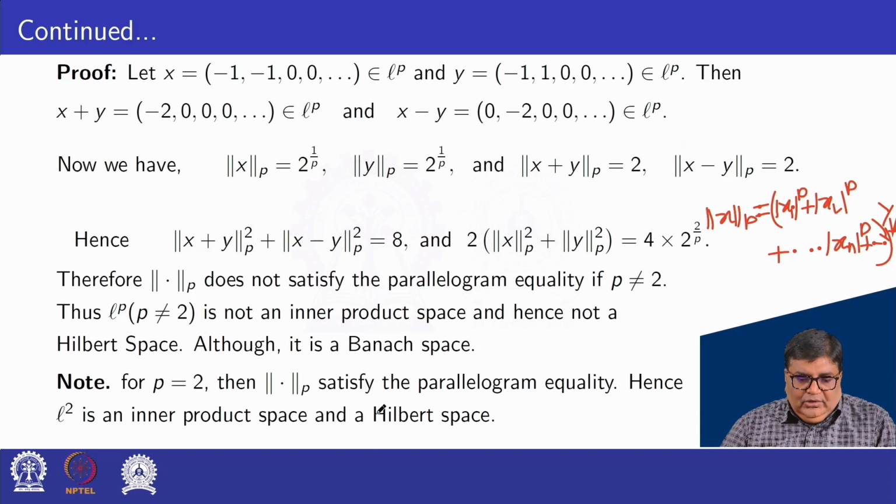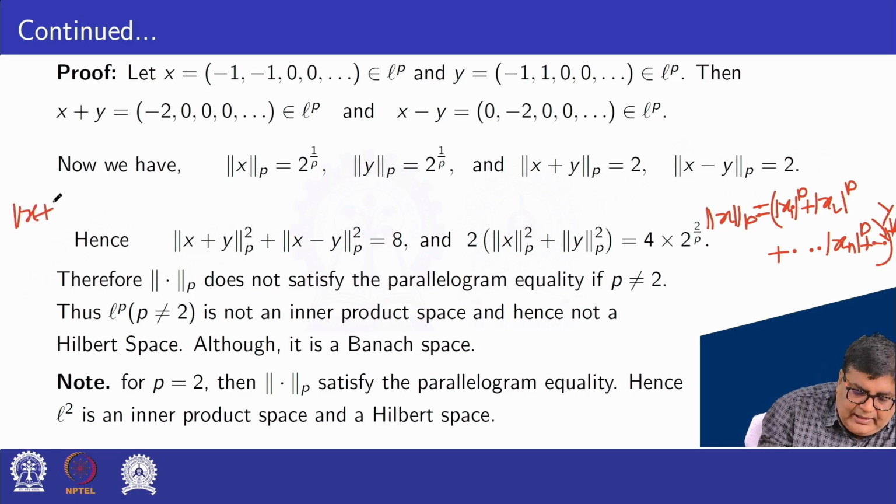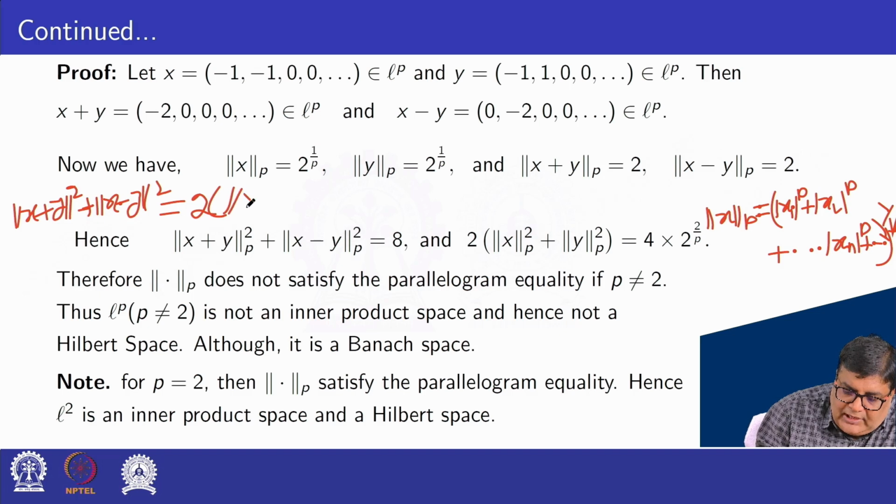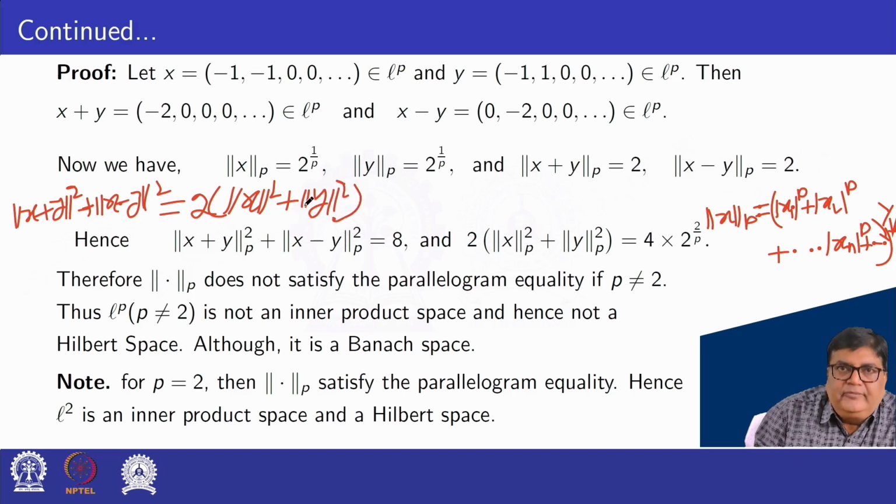Now the parallelogram law: norm of x plus y square plus norm of x minus y square equals 2 into norm of x square plus norm of y square.